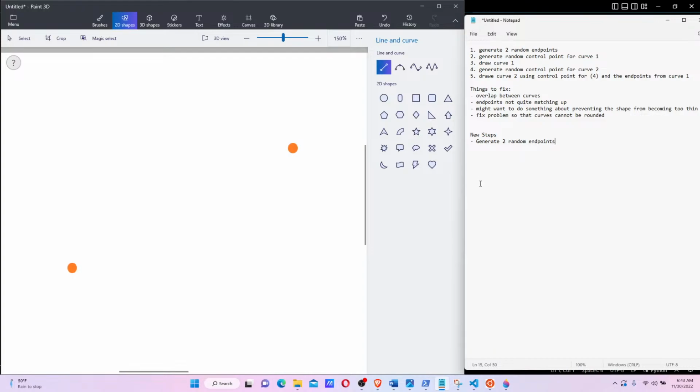Now, the next thing we want to do is calculate the equation of line between 2 endpoints.